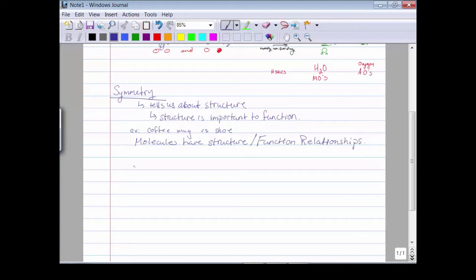Specifically in inorganic chemistry, we're normally talking about the molecular geometry around a metal center. The molecular geometry around metals leads to electronic properties, magnetic properties, and reactivity, so its function. The molecular geometry of a metal center is its structure, and it correlates with the electronic, magnetic, and reactivity properties.